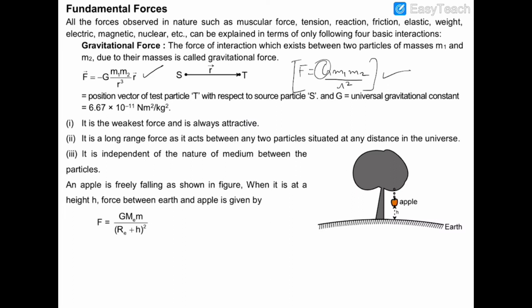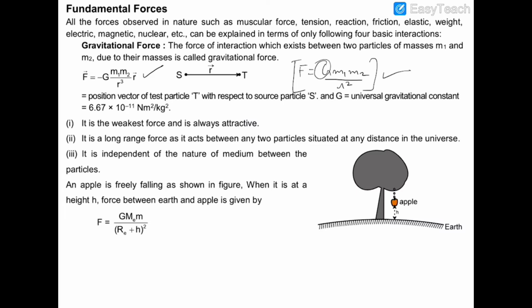It is a long range force. It means that irrespective of the distance, at any distance, if two bodies are situated, then this force will be acting between them. And it is also independent of the medium between those two bodies.